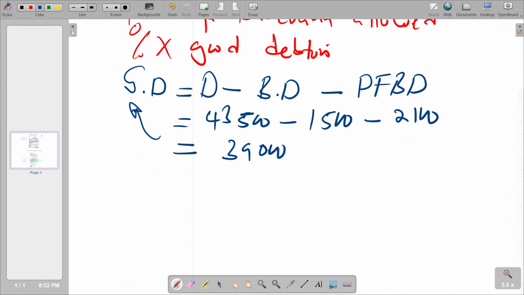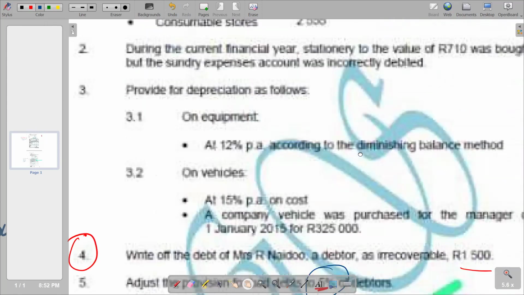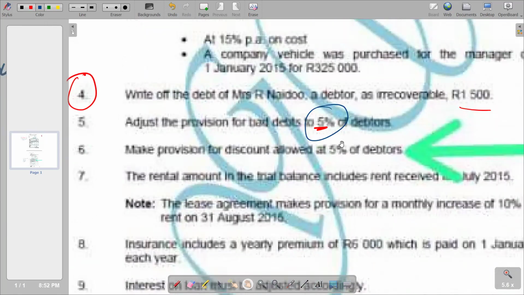So here you get 39,900. This is the figure for good debtors, of which we are going to say percentage times good debtors. Remember the percentage for calculating the provision for discount allowed. We can just go back again. Provision for discount allowed, we are given, is 5%. You can just check here. It's given as 5% of debtors.